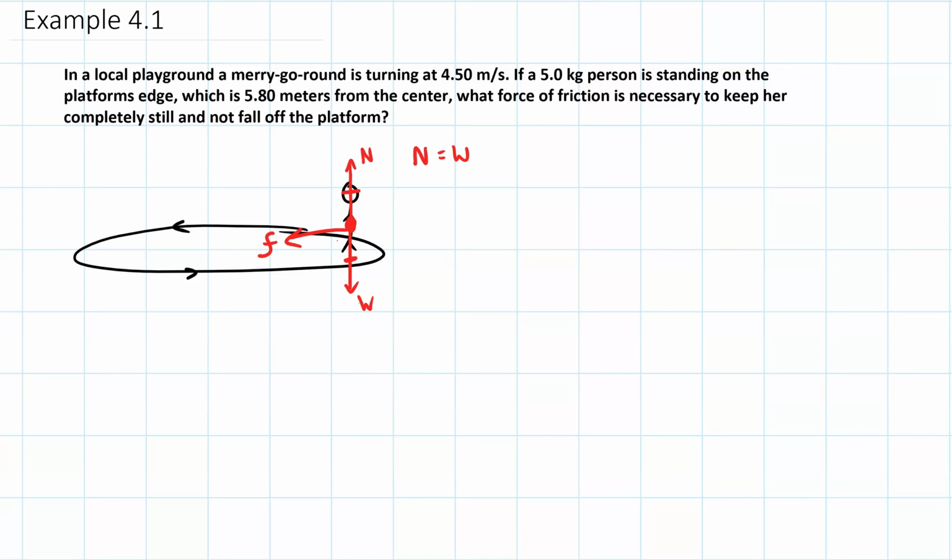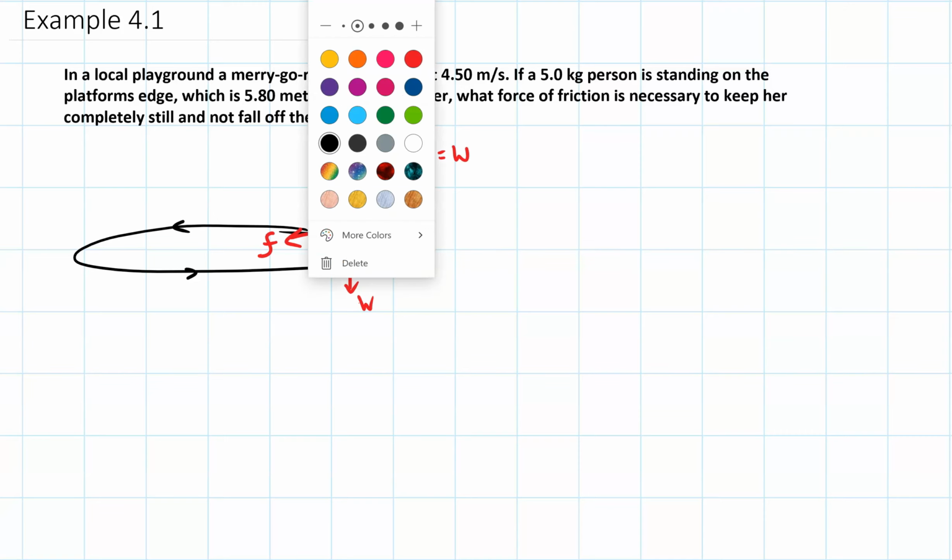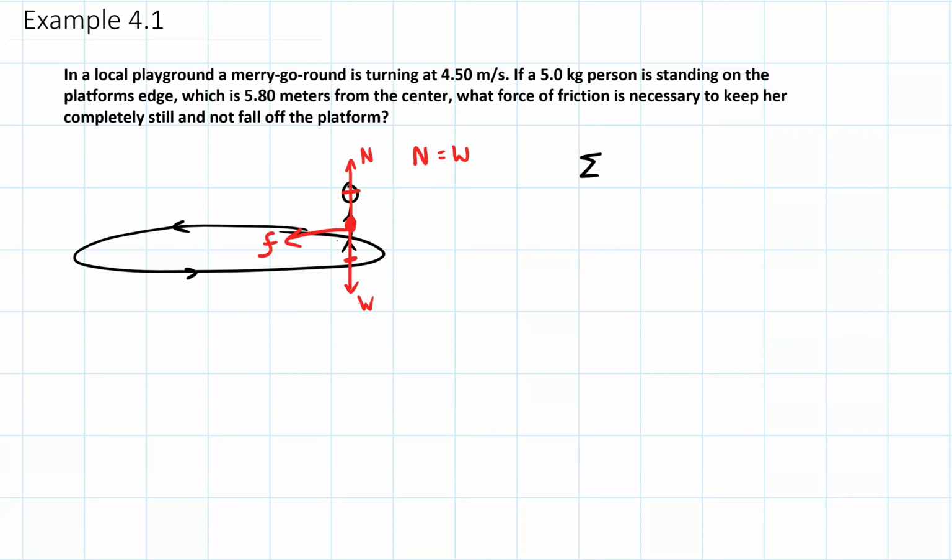So when we set up Newton's second law, the net force in the centripetal direction is equal to mass times the acceleration in the centripetal direction, towards the center of the circle. So we need to know the centripetal acceleration. Let's do a little scratch work on the side. Centripetal acceleration is equal to v squared, that's the linear speed, over the radius of the circular motion.